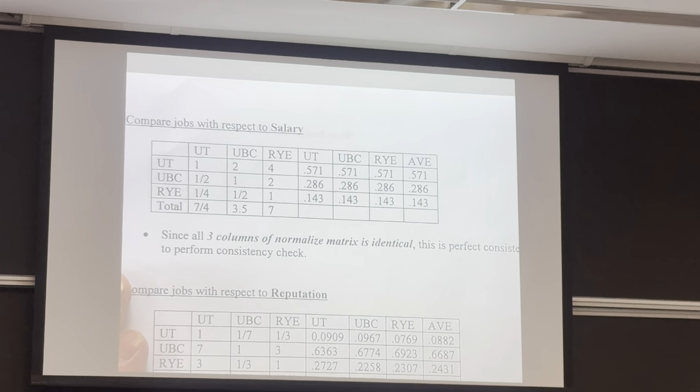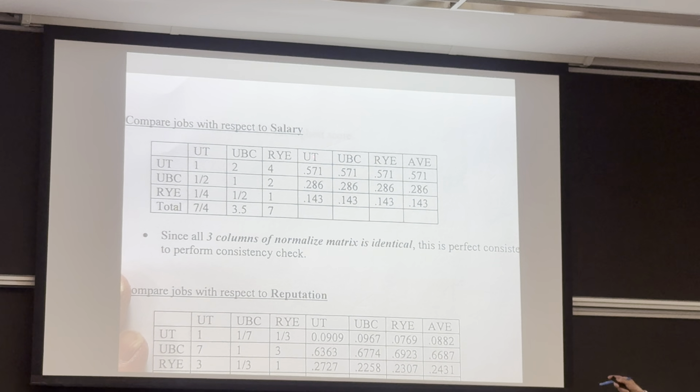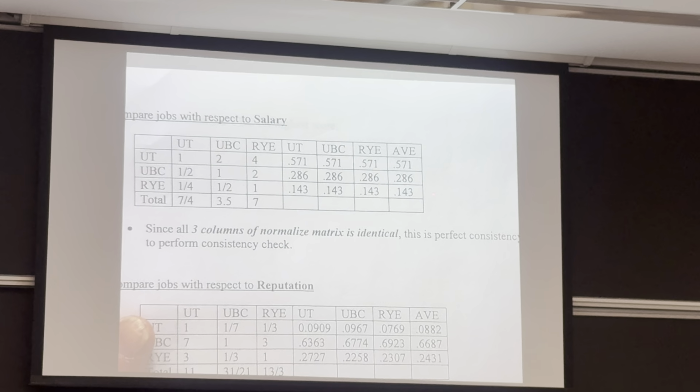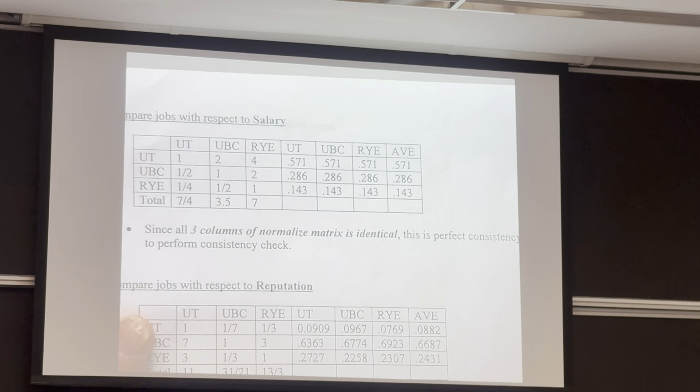In this salary comparison, we note that the columns in the normalized matrix are identical. So this illustrates that we have perfect consistency, and so there's no need to perform a consistency check here.